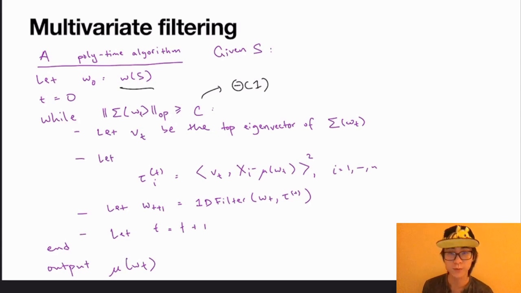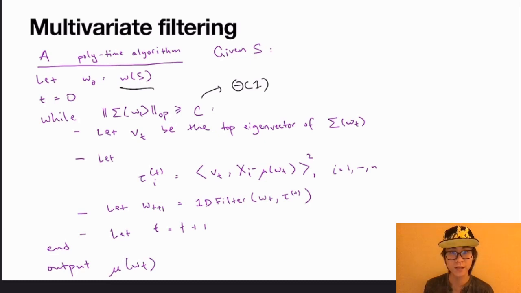Okay, before I actually explain why this is correct, let's notice why this is a polynomial time algorithm. First of all, clearly each iteration can be done very naively in polynomial time because I can take top eigenvectors using something like SVD. And we previously argued that the 1D filter can be performed in nearly linear time.